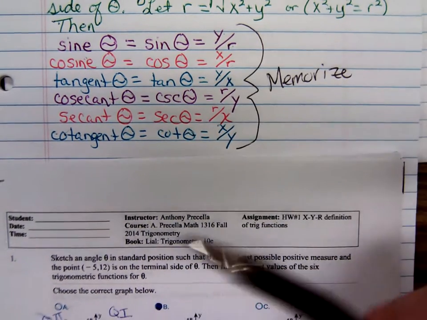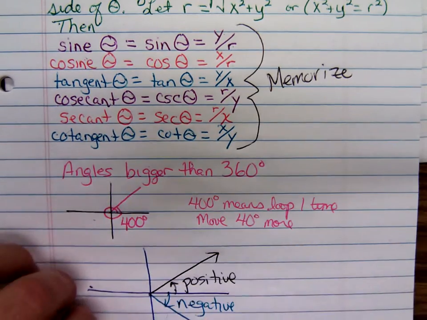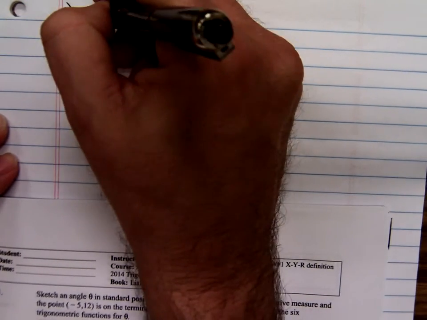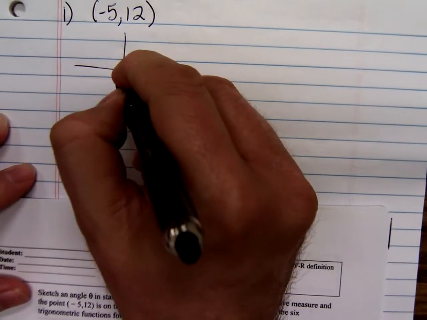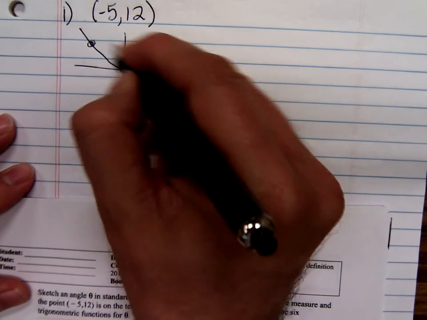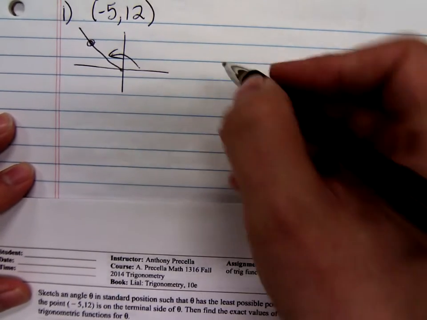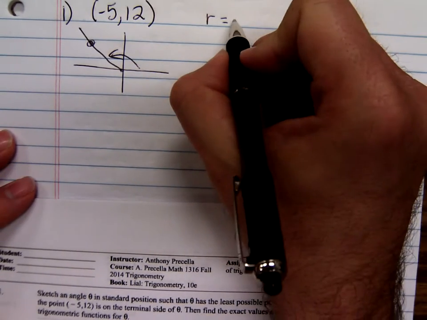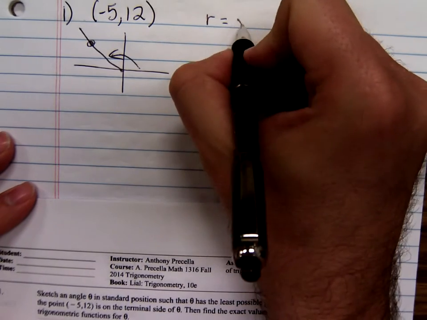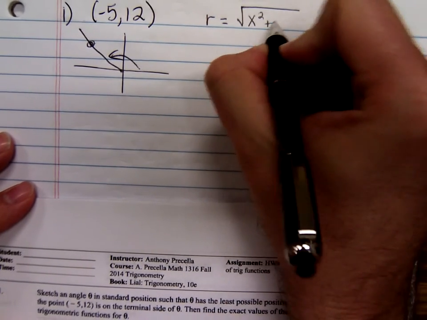So, I need to get a sheet. I'm going to flip over here. This is problem number 1. We have the point (-5, 12). We had to graph it, that angle, something like that. It was answer B. Now we need to find sine, cosine, tangent. To do that, we need to know r. r is the square root of x squared plus y squared.